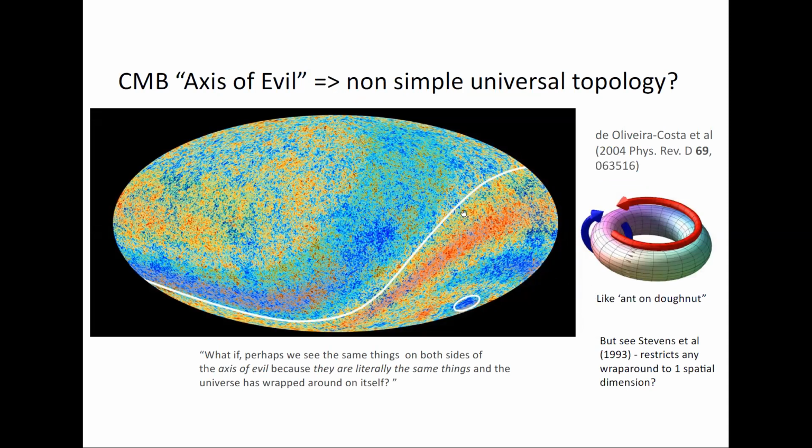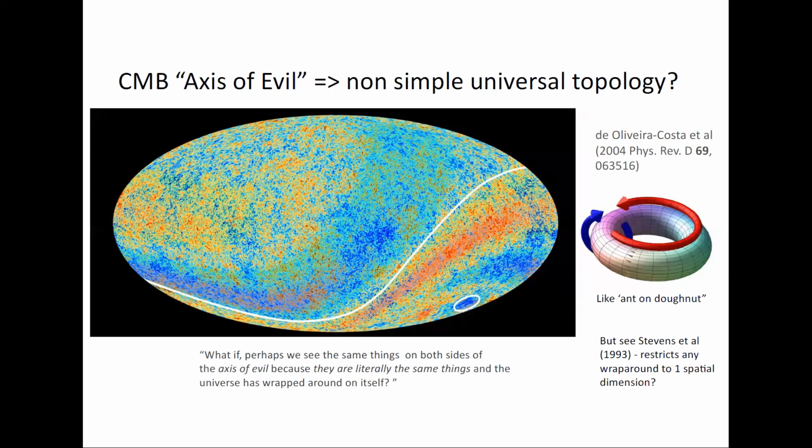So the CMB axis of evil is the fact that this area here in the CMB and this area here, on the 2 sides of this line, look kind of similar. And De Oliveira Costa in 2004, based on WMAP data, tried to suggest this could be a signature of a complicated, non-simply connected universe with torus-type topology, because if you're looking around the universe like the ant on the donut, you come back to the same place again.